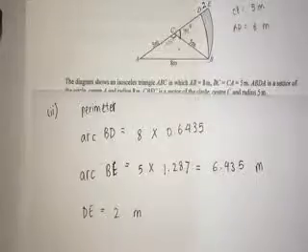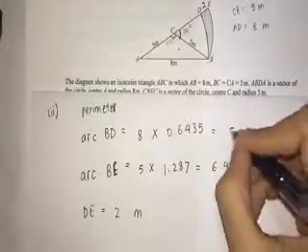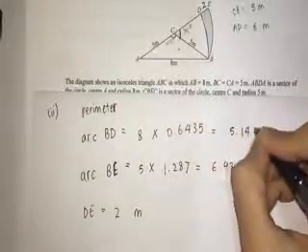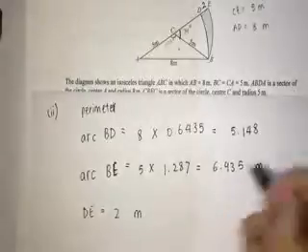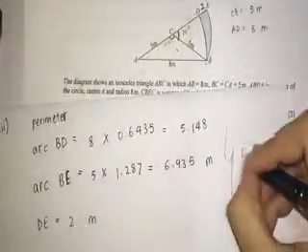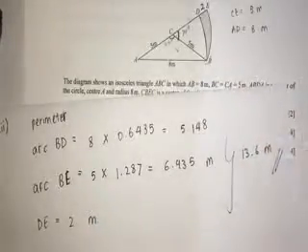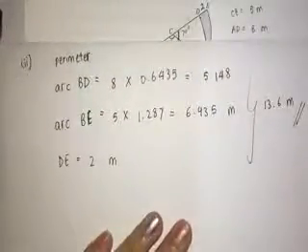Yes, we had found this earlier. And this gives us 5.148. And we add all of that. It gives us 13.6 meters. And that is our answer for part 2.